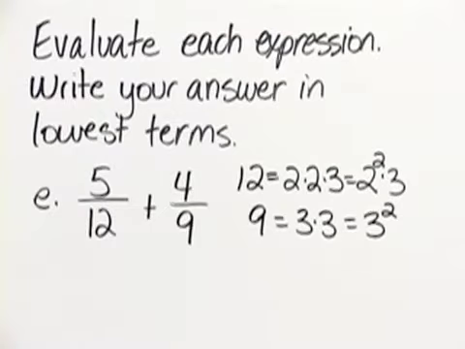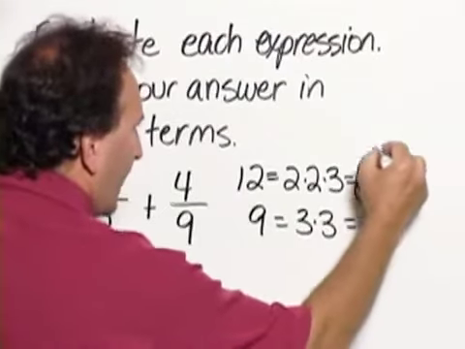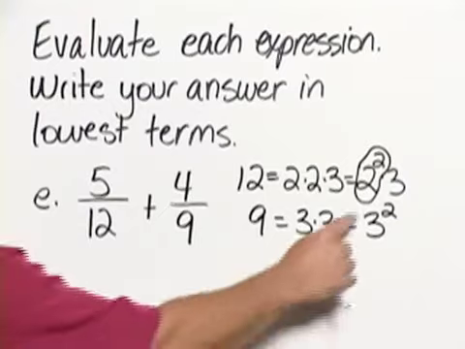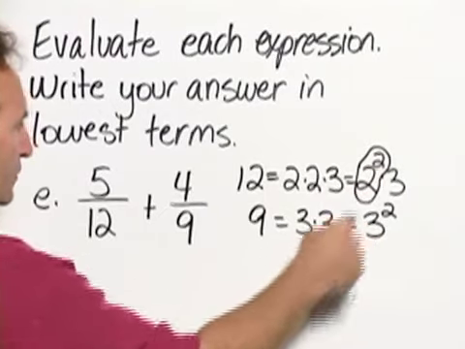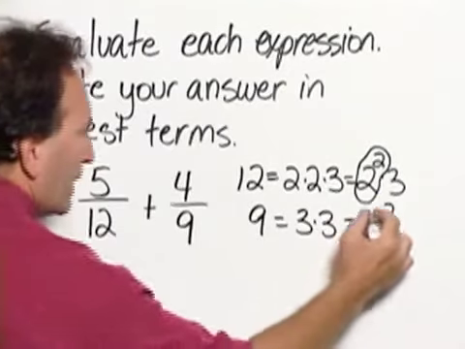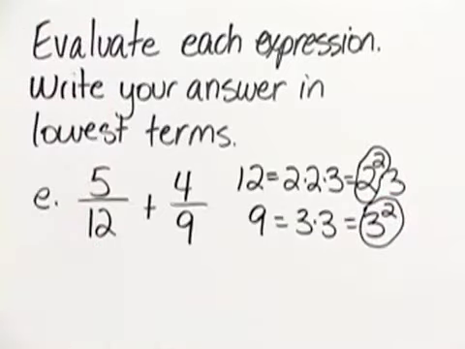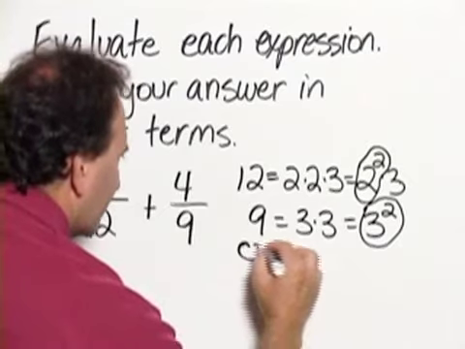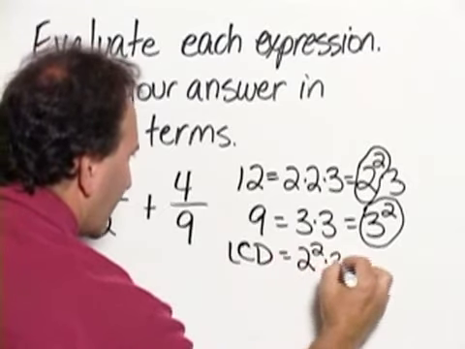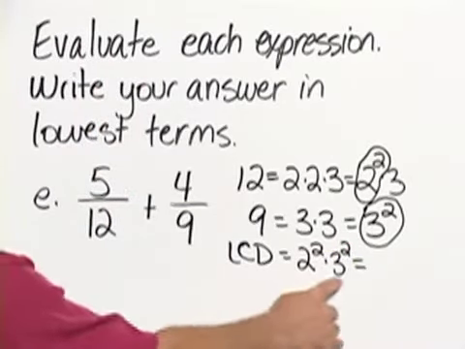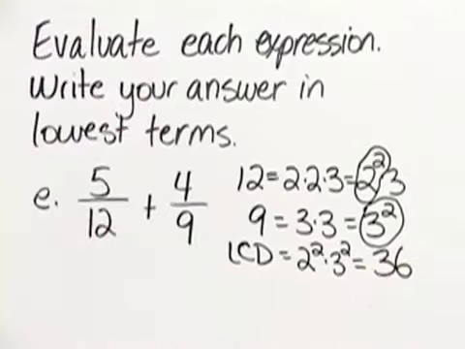Now for the LCD, we take the factors, I should say, that have the highest power for each type of factor. Now there's only one 2, and it's 2 squared, so we're definitely taking that. The 3's, we have 3 to the power of 1 and 3 squared, and therefore we take the 3 squared. Our LCD, therefore, is 2 squared times 3 squared, which is 4 times 9, which is 36.